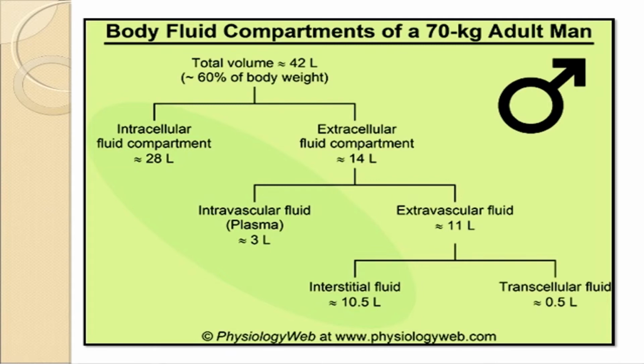And it is compartmentalized into two main compartments: the intracellular fluid compartment and the extracellular fluid compartment. Intracellular fluid is two thirds and extracellular fluid is one third of the 42 liters. Two thirds multiplied by 42 is 28 liters, and one third for the extracellular fluid multiplied by 42 is 14 liters. The extracellular fluid compartment consists of intravascular, extravascular, interstitial and transcellular fluid.